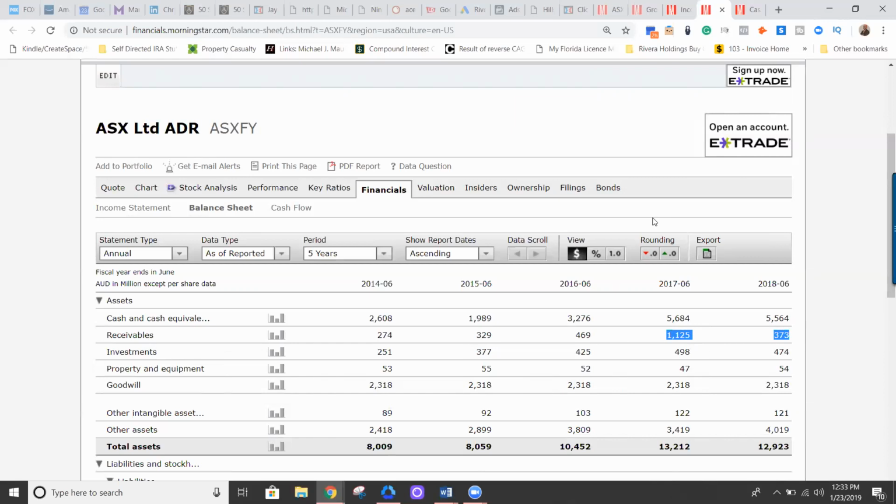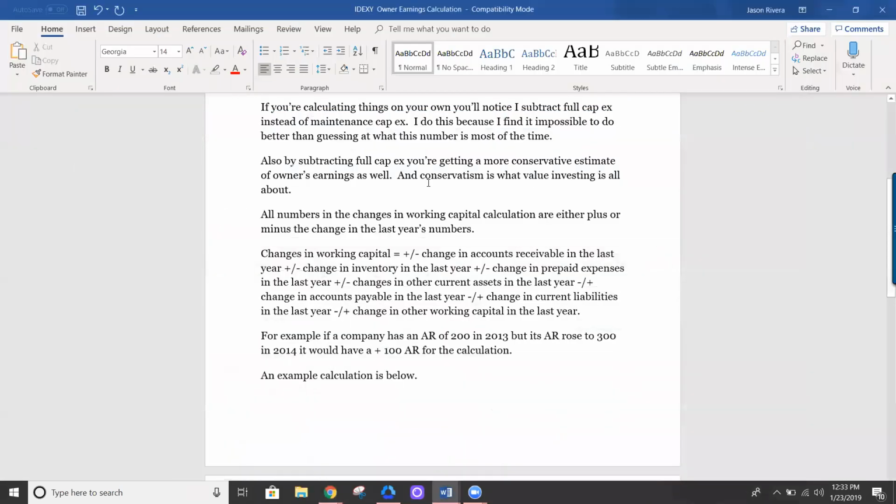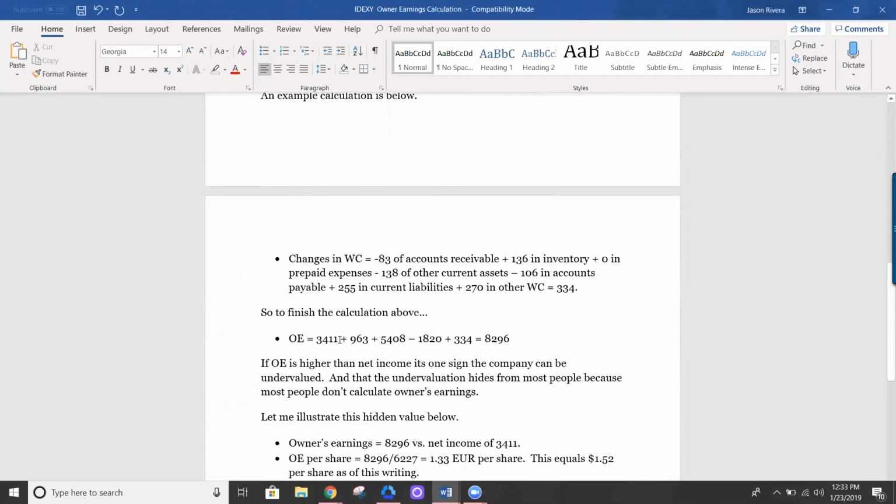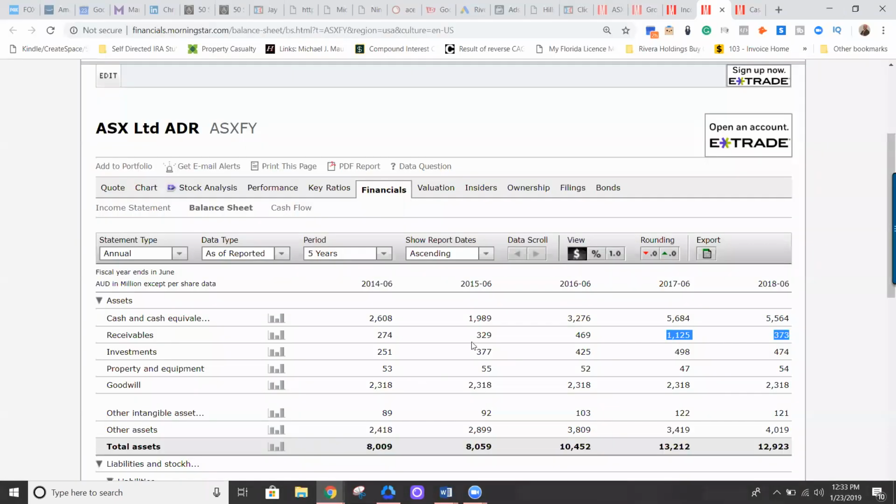Just chuck minus 752 into the earnings. Into the working capital. What does that change mean? From a real world perspective, it's not necessarily for the owner's earnings. What does that mean?